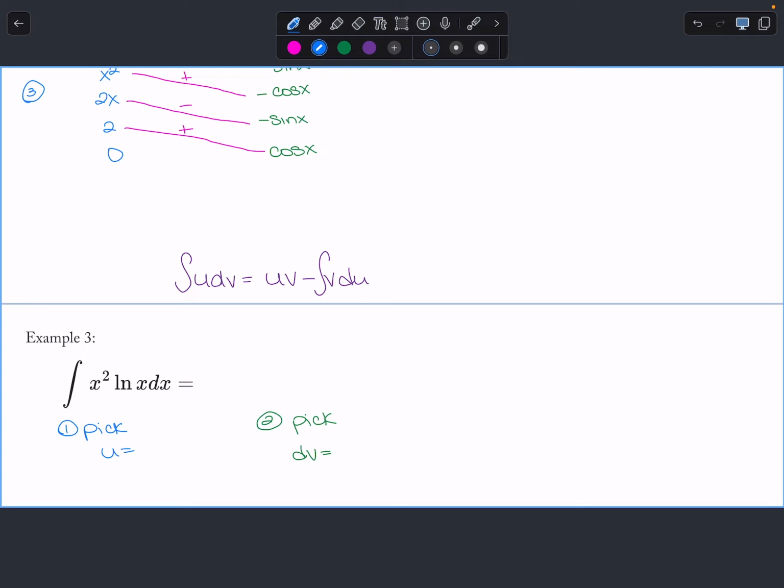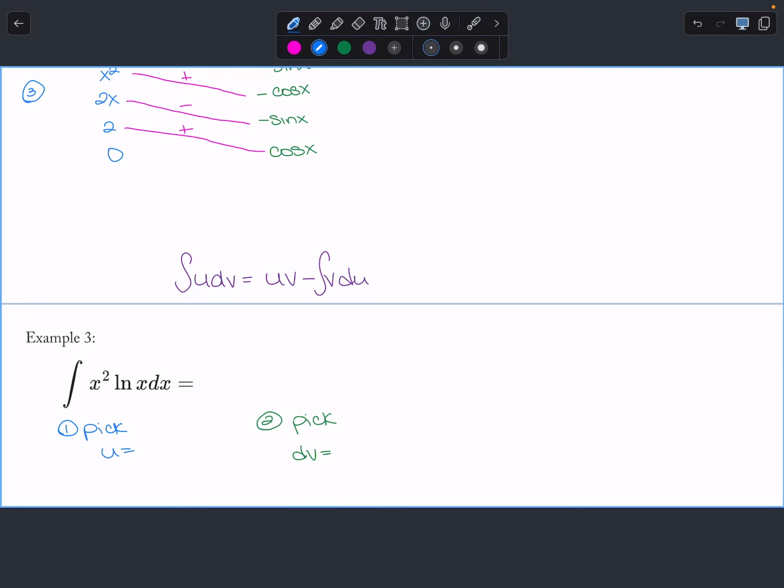So when I look at this, if I pick my dv to be ln of x, then I run into a problem. Okay. Because I don't know what the antiderivative is of ln. So I have to pick my u to be ln so that I can take the antiderivative of the other thing.